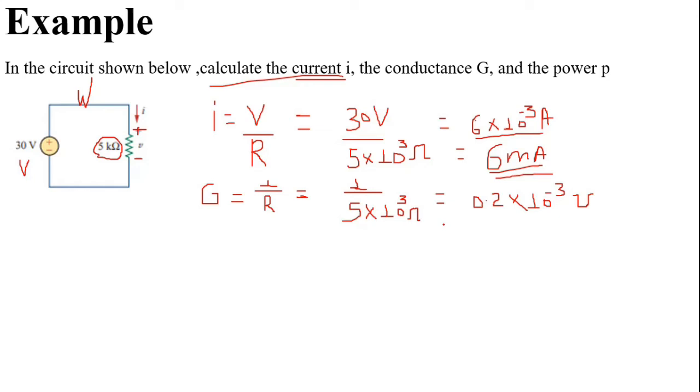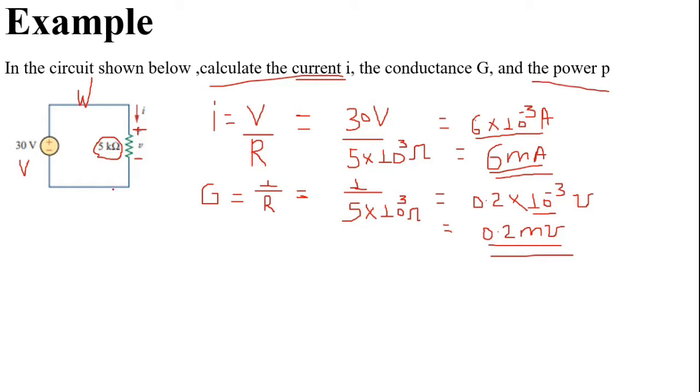So this is 0.2 milli mhos or milli Siemens. The conductance for this element is 0.2 millimhos.